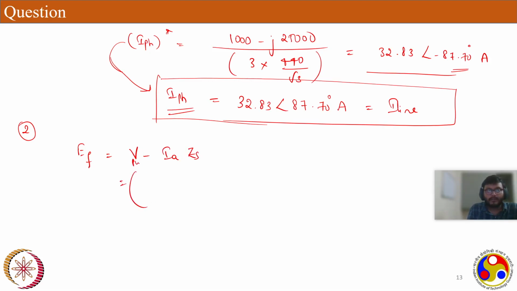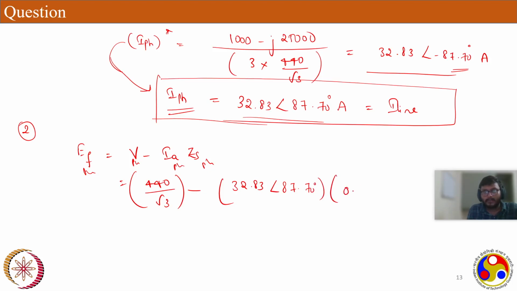It's all phase values, per phase equivalent circuit. 440 by root 3 minus IA, which is 32.83 at an angle 87.70, multiplied by ZS, which is 0.2 plus j2. So calculate how much is the excitation voltage.